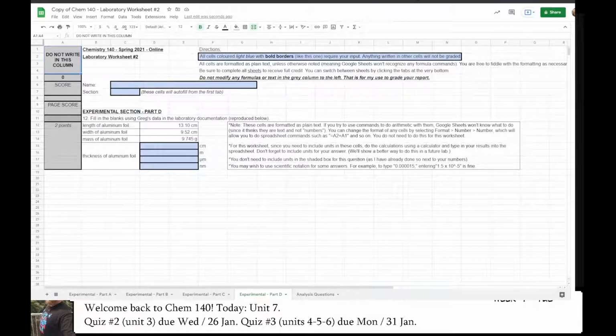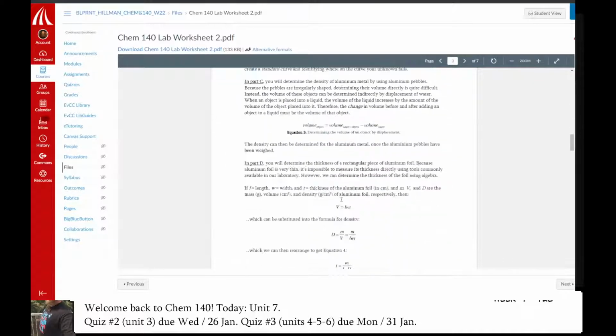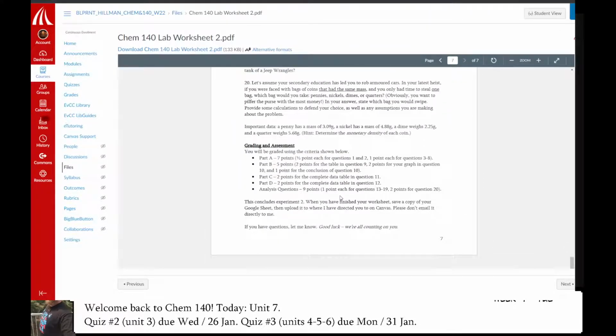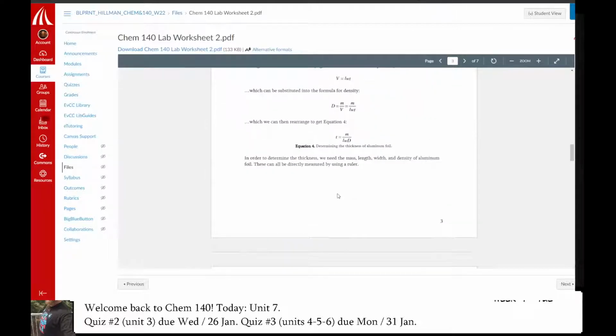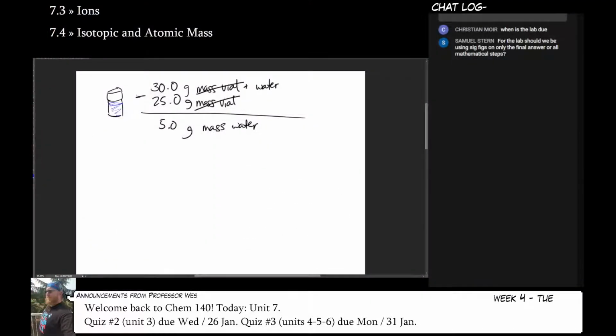And we're going to need to go back to the formula worksheet for this real quick. Let's go back to this right here. For Part D, I give you a bunch of formulas. Oops, I went all the way to the bottom. There we go. What I'm going to do actually is I'm going to go over to this screen real quick, and I'm going to derive this for you so that you've seen it.